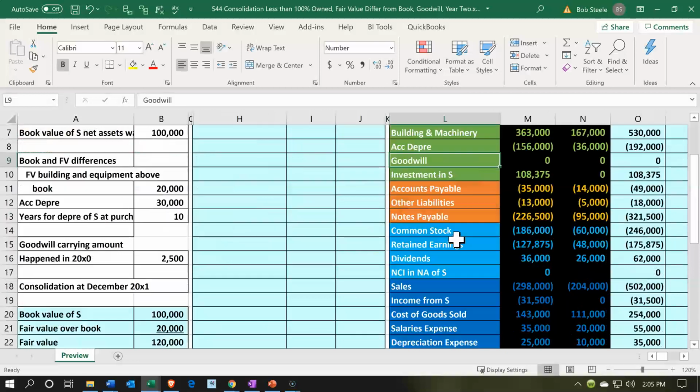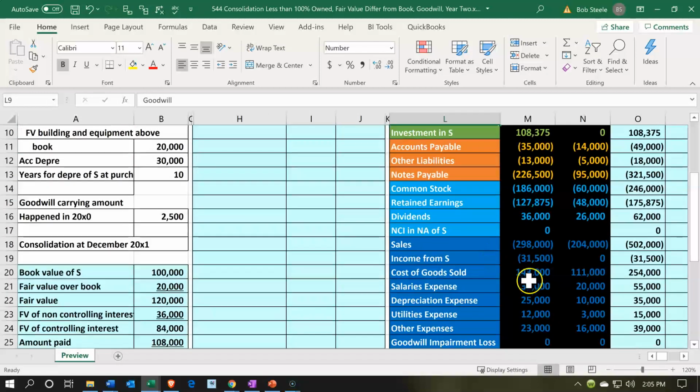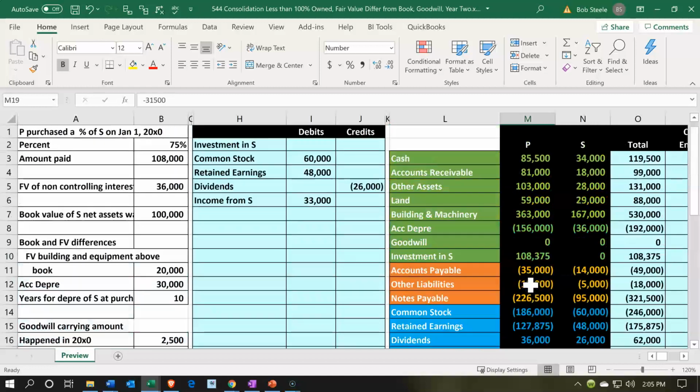So that doesn't match what is here because we didn't change it for the change in the depreciation that's not on the books of S yet, because it's going to be part of the consolidation process, but will affect the income statement. All right. So we've pulled out the 75% portion of this equity portion here.